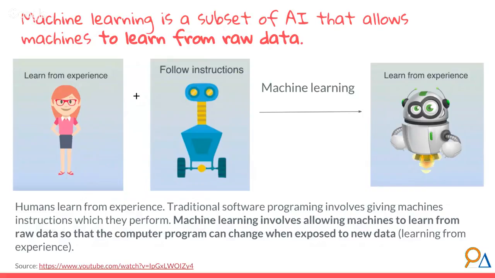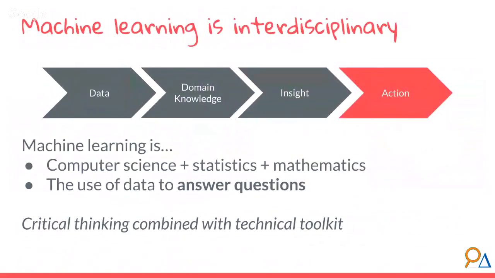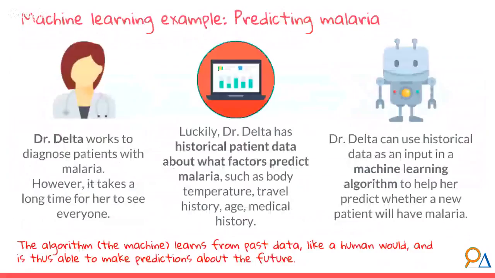That is learning from experience. Machine learning is an interdisciplinary field, so it encompasses computer science, statistics, and mathematics, and it uses data to answer questions. So you get data and domain knowledge, you get insights from the data, and then we perform a certain action.